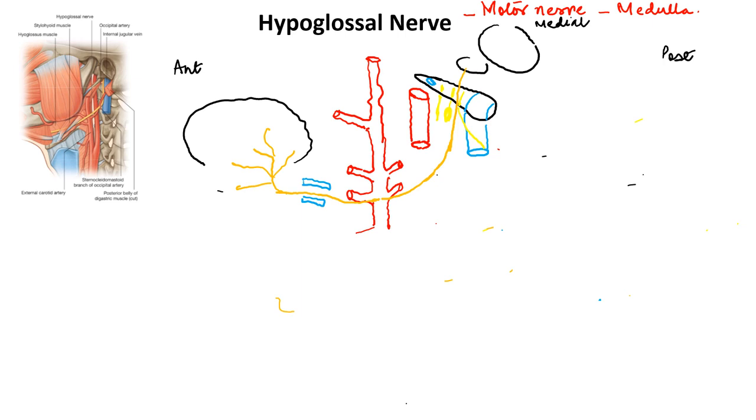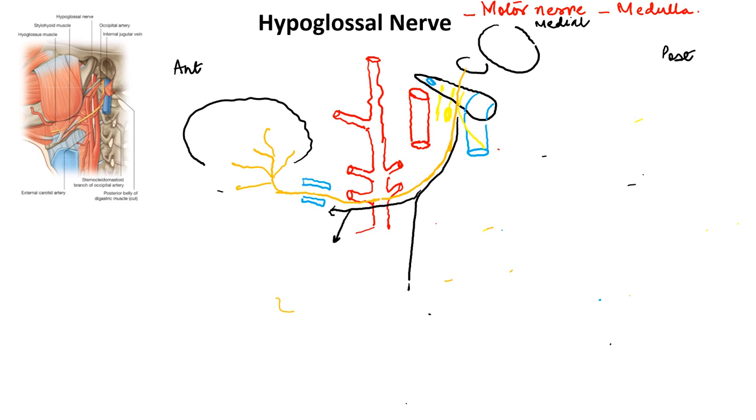Now, while it comes into the neck, some of the C1 fibers hitchhike with it and then exit as the descending branch of the hypoglossal nerve or the superior root of the ansa cervicalis. Some fibers, however, continue. These are the fibers which will supply the geniohyoid as well as the thyrohyoid.